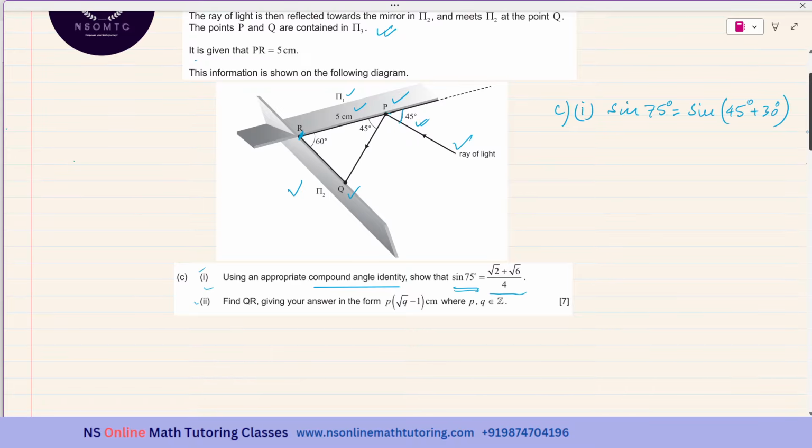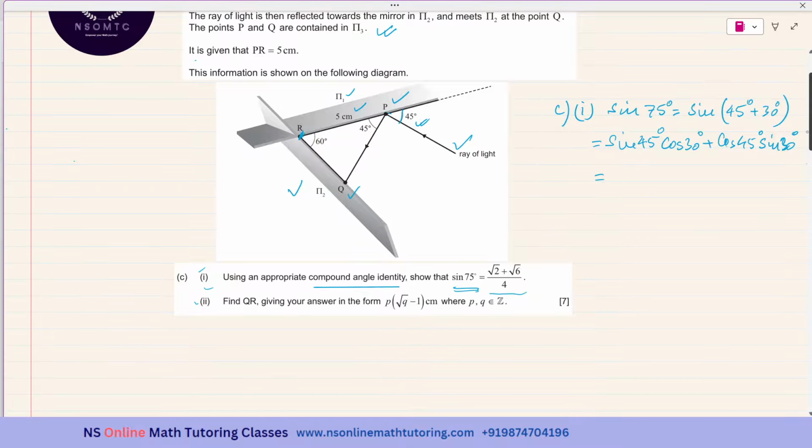So this will be equal to sine 45 degrees cos 30 degrees plus cos 45 degrees sine 30 degrees, using the sine A plus B identity.